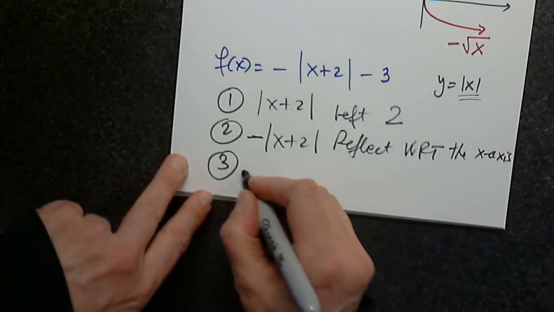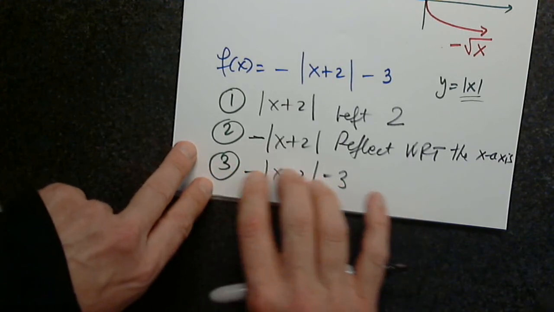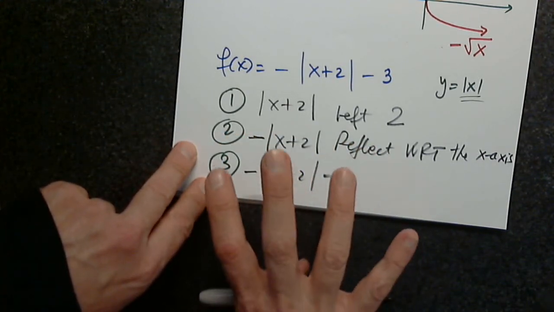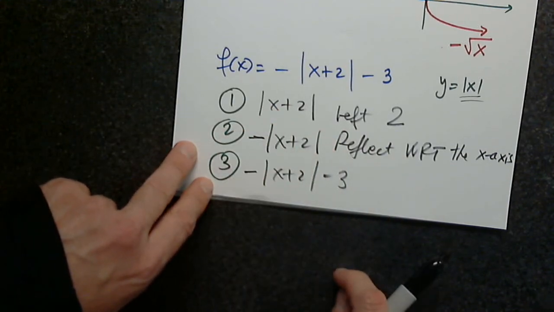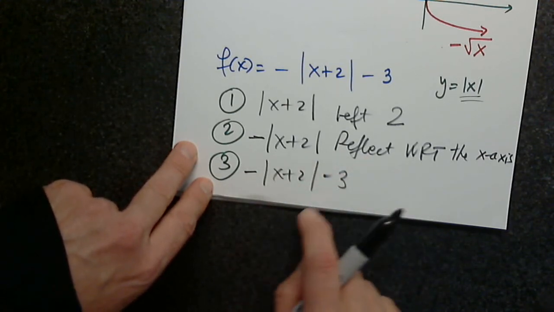And now the final one is last. Of course, there is nothing else. I have to copy it. What will this do to the previous function? We already reflected. We cannot flip again. Down 3.